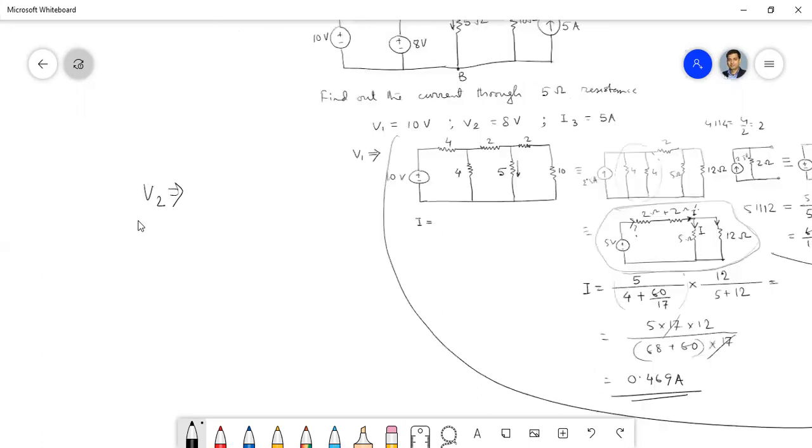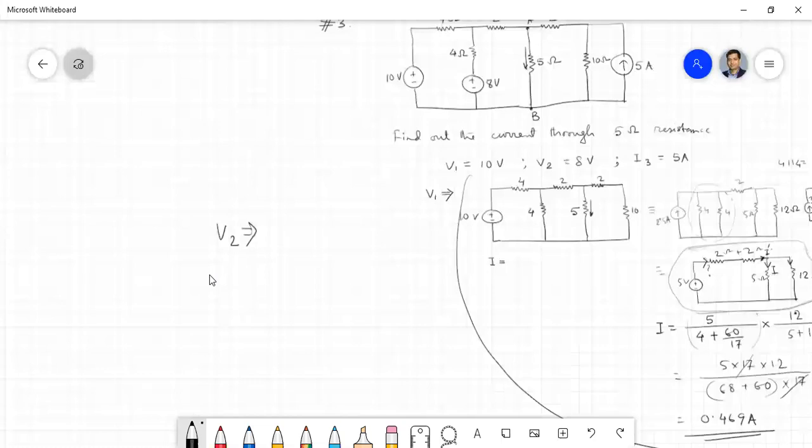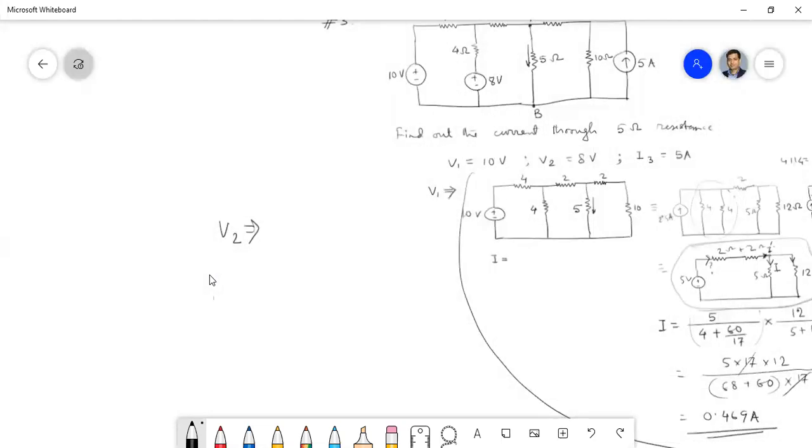The board is getting hanged. Anyway, so here only this resistance you will have. Now this is plus 8 volt. This is 4. This is 4. This is 2. This is 5.